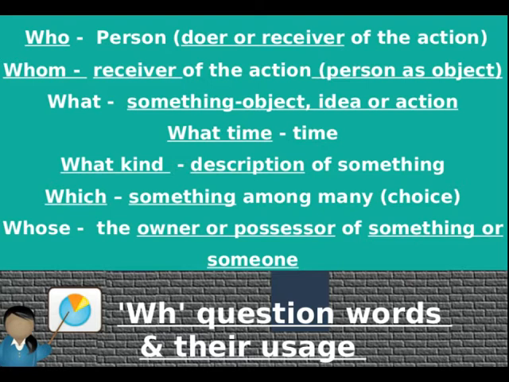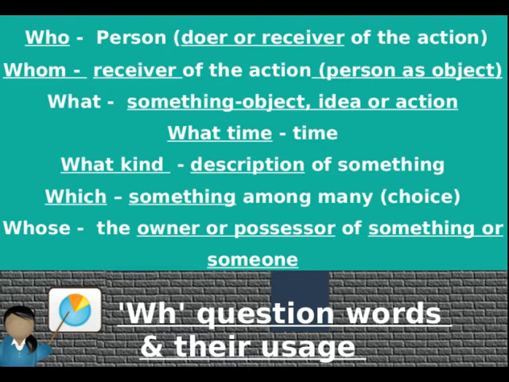What time stands for time. What kind stands for description of something. Which, of course, when you have a choice, you can choose among many things. In that case, we'll be picking the question word which. Then whose indicates the possessiveness. So the owner or the possessor of something or someone.